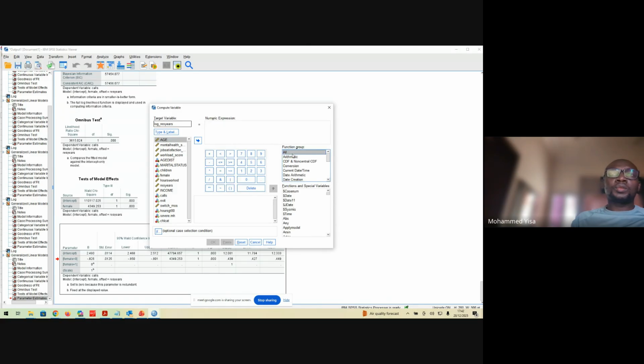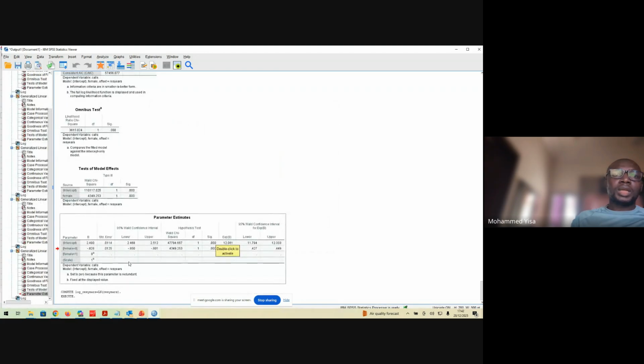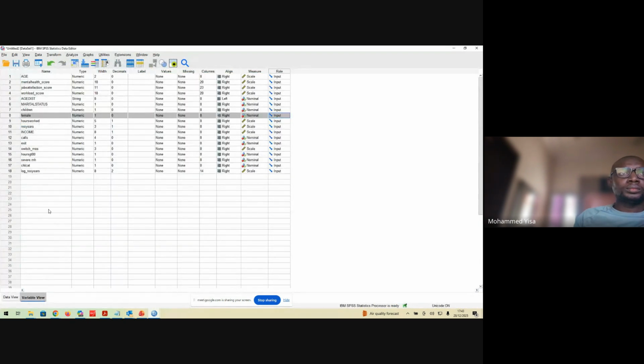Under the function group, under all, I'll look for natural logarithm, ln, and double click that, and then apply that to the resident years. So when I click OK, a new variable will be created. So let's go to the variable view.